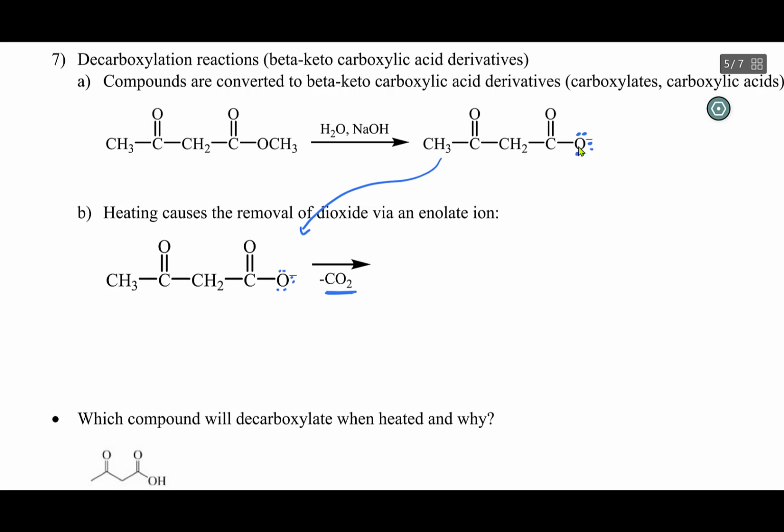And I'm going to show you the arrows that are necessary for this to work, and it's a lot easier than you might think. These electrons go here. These electrons go here.